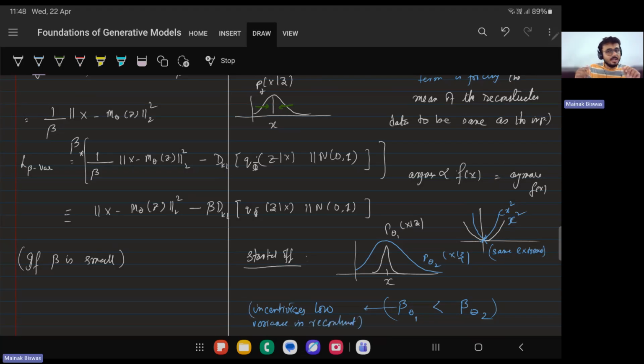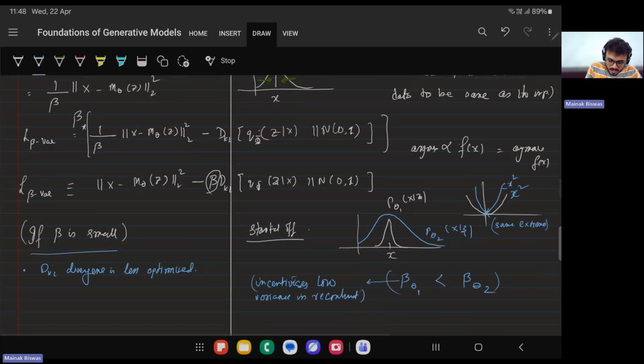I started off incentivizing low variance in reconstruction, but I ended up getting the beta-VAE loss function, where you have a beta term corresponding to the KL divergence. So now if beta is small, the KL divergence is less optimized. You don't optimize the KL divergence, which means you concentrate more on reconstruction, less on regularization.